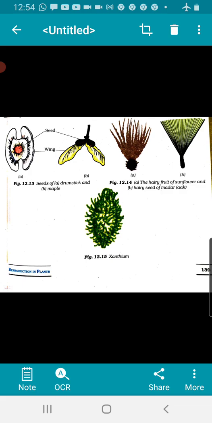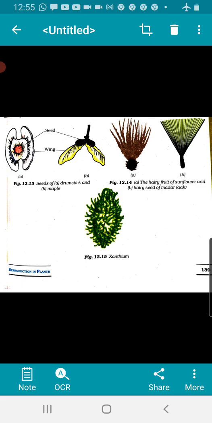So how are these seeds dispersed? Some seeds are dispersed by winds. Some are dispersed by explosion. They break open, so the seeds are thrown away. Now some seeds are dispersed by water. Some are dispersed by animals.